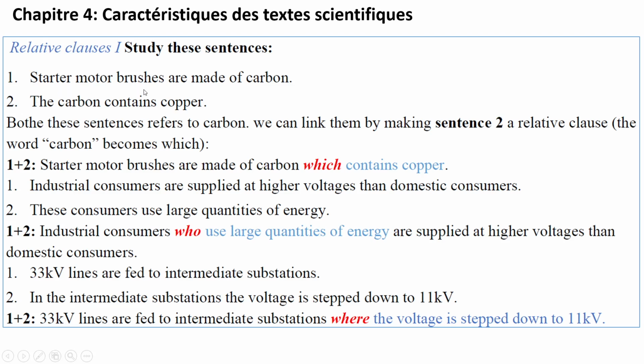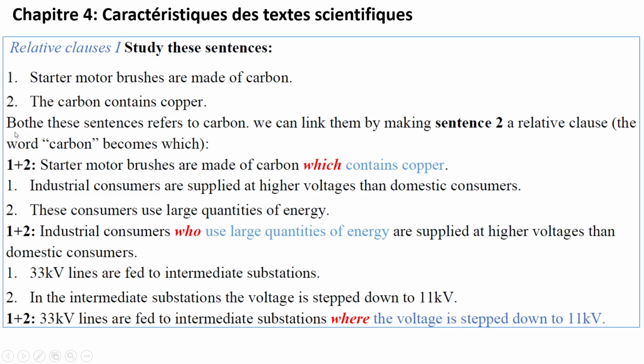The starter motor brushes are made of carbon. The carbon contains copper. These two sentences refer to carbon, here carbon and here carbon. We can link them by making the sentence a relative clause.